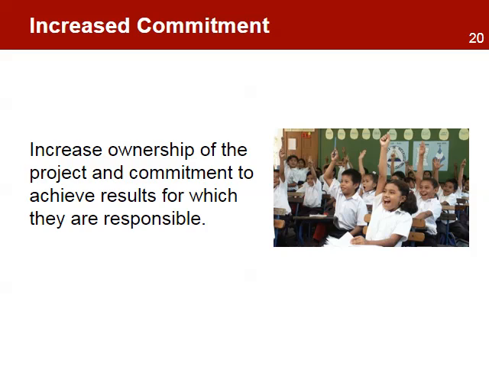This is a critical factor identified in the results chain. Results are changes that occur when the beneficiaries feel their voices and concerns have been taken into account and they feel truly committed to achieve them. Clearly defined roles and responsibilities also leads to greater efficiency and eliminates problems caused by duplication of efforts among the various actors in the project.